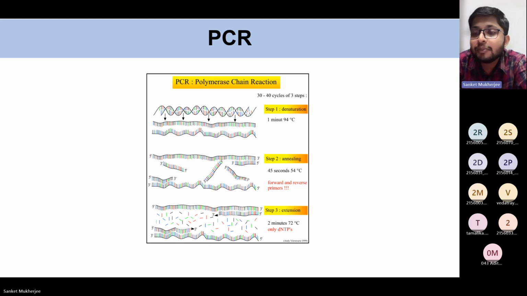So we'll have multiple amplicons, undesired amplicons, which we do not want. So that is also a problem.